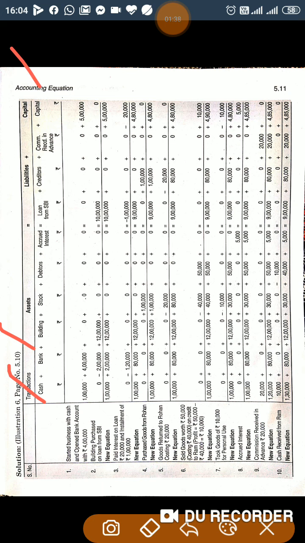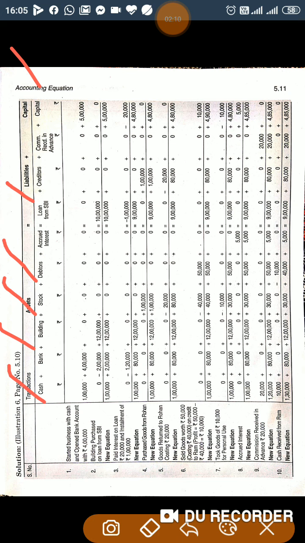Now the next transaction is building purchase on loan from SBI. So building is involved, loan from SBI is involved, and bank is involved. Now next is paid interest on loan and installment of 1 lakh.